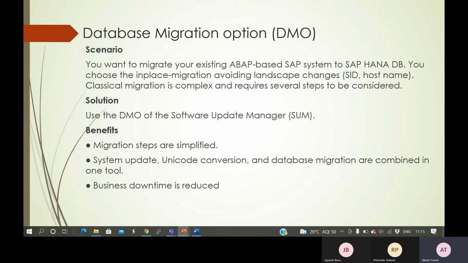For example, if you have older systems that are non-Unicode, and you want to go to HANA, and also that is EHP 4, for example. You want to migrate to the HANA database, and the HANA database requires a Unicode system. So in this case, you have to perform the Unicode migration. Then you also want to perform the support pack upgrade, like EHP 4 to EHP 8, and also you want to change your database.